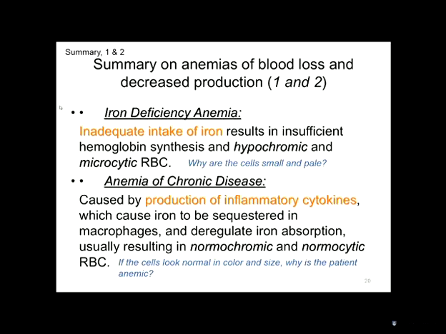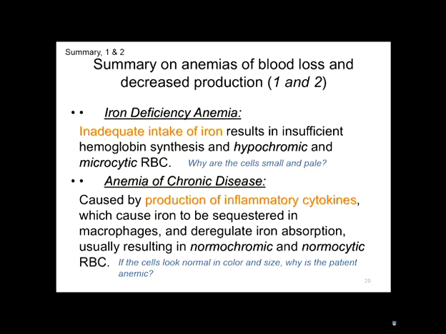So when you think about this type of anemia, think about why are the cells small and pale? So you think about the underlying problem, and the underlying problem is the iron that's necessary to make a complete hemoglobin molecule that's fully capable of maintaining its function as an oxygen-binding molecule.